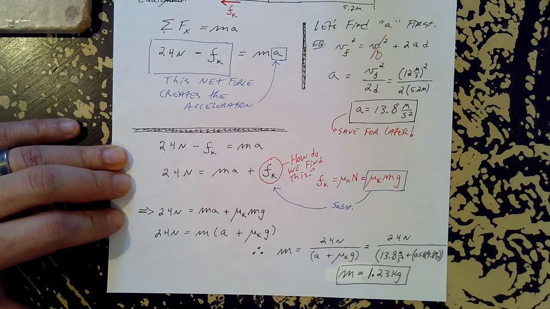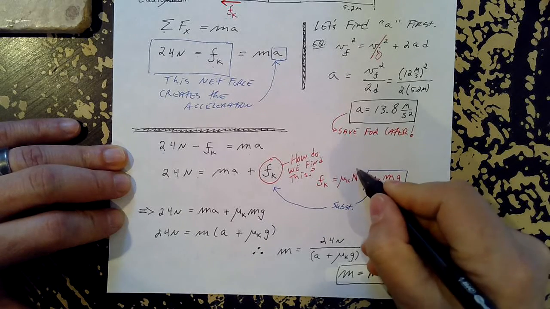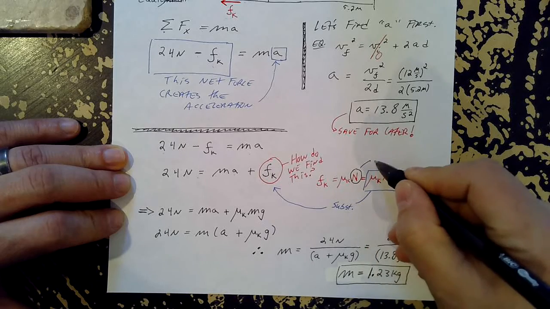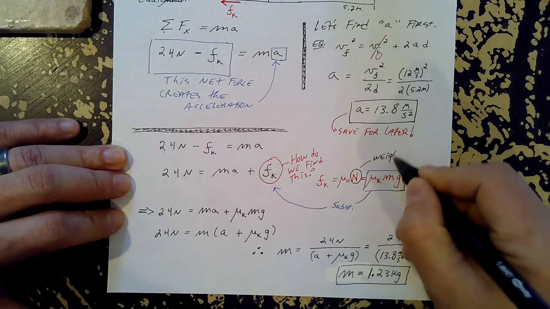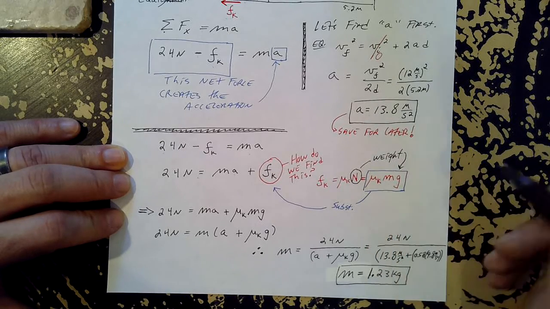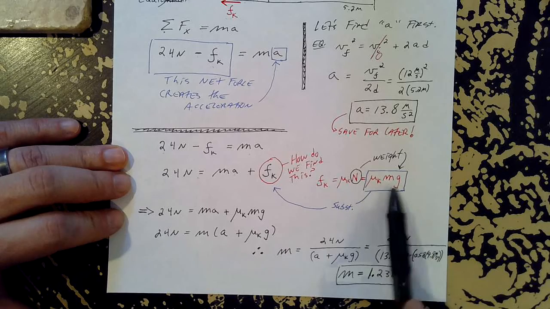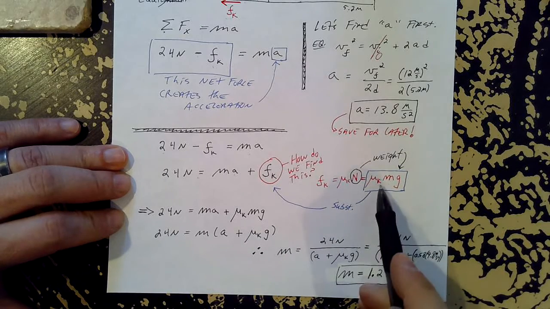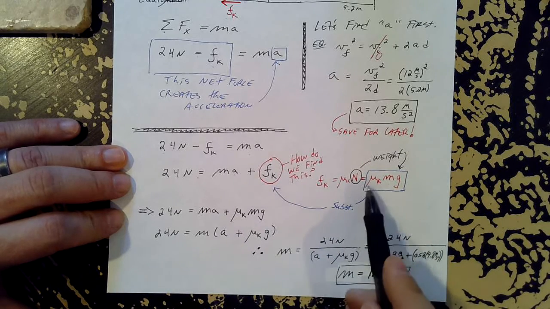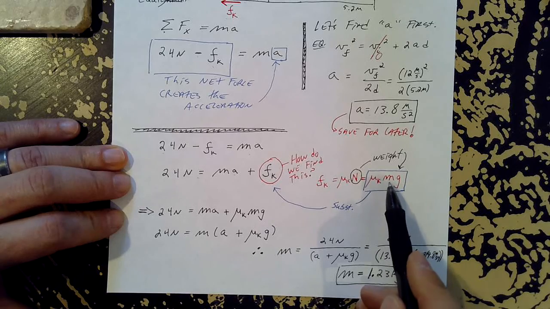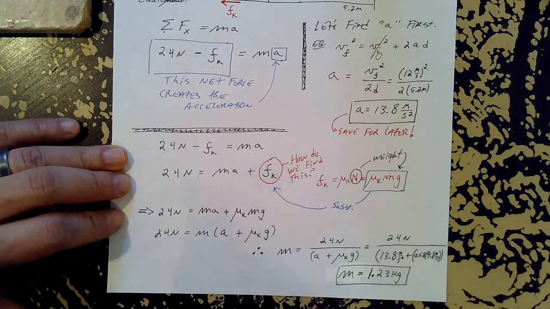Okay? So the normal force is weight, which is mass times gravity. All right? So I'm going to take that information and substitute it back in over here. Okay, so mu times mass times gravity, I'm going to put it in over here.